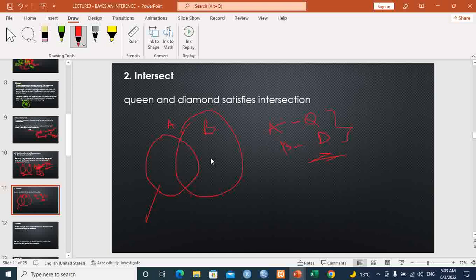Yes, it is possible. This area here is queen only, or queen but not diamond.